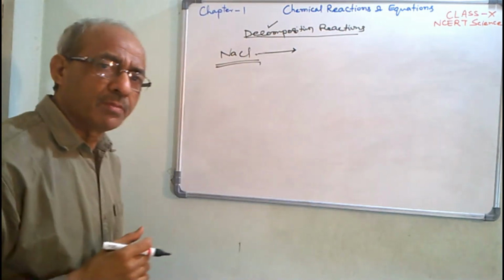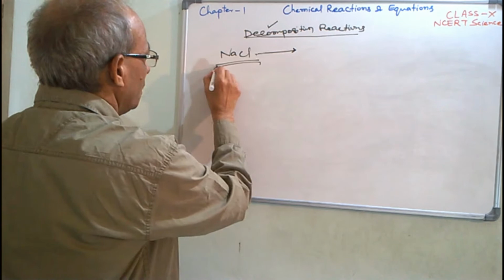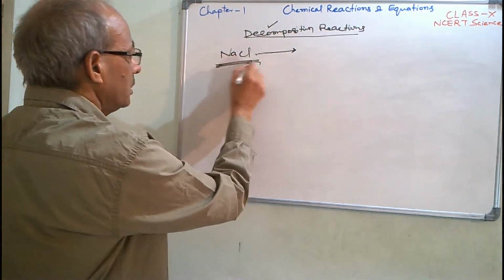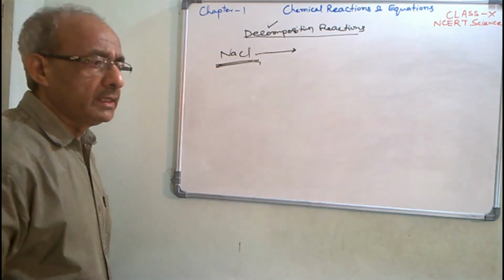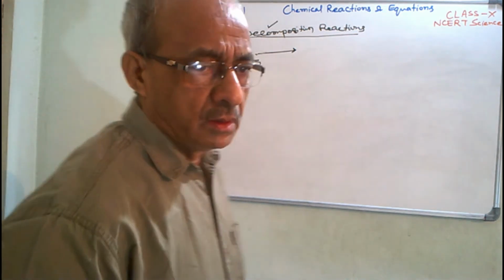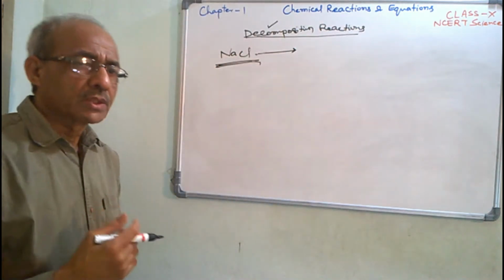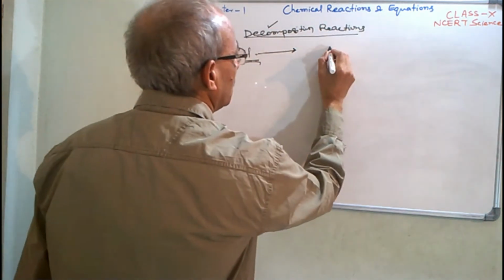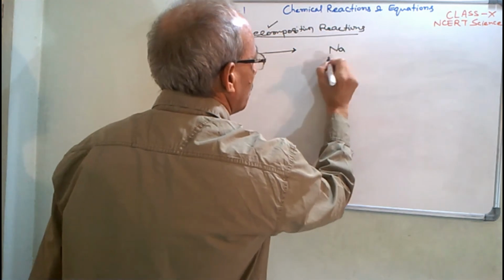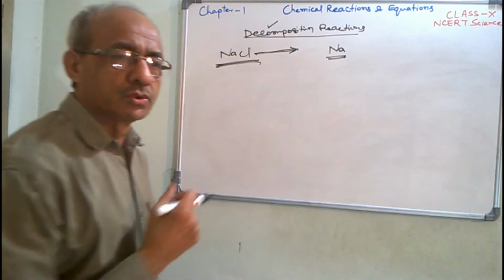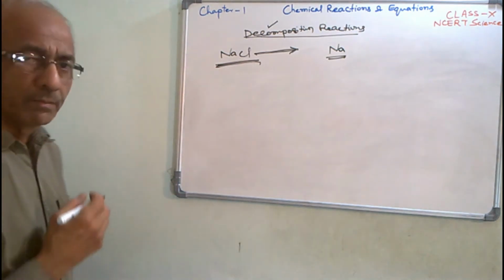For commercial purposes, on a large scale, sodium chloride is utilized for the production of sodium metal. The solution of sodium chloride is called brine.